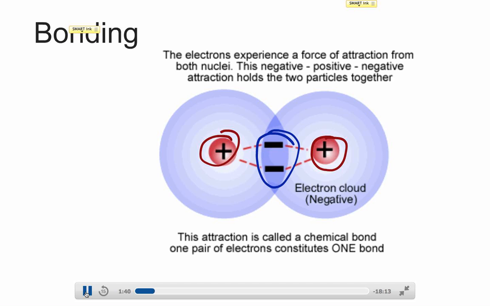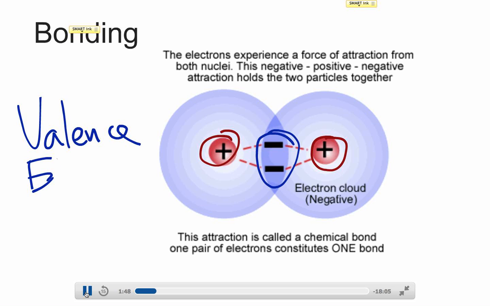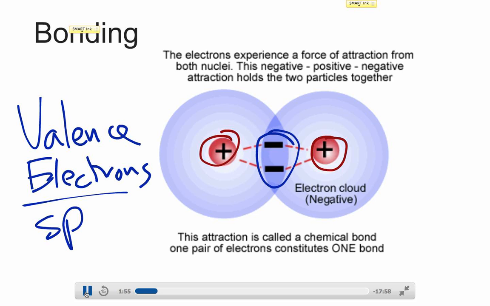When we have this attraction between nuclei and outside electrons or valence electrons, remember this is only happening with the outside valence electrons. So we can call them outside electrons, or valence electrons. Or remember, they're the outermost S and P electrons.